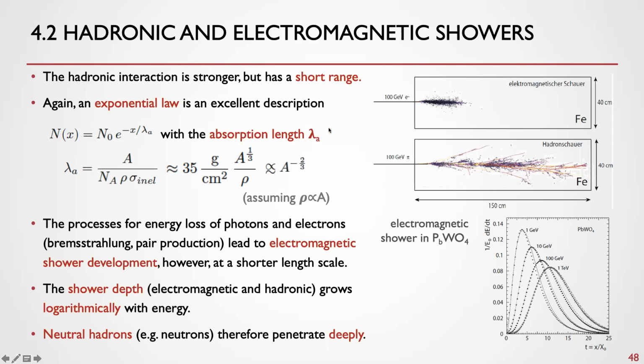We call the absorption length lambda, and the radiation length was X naught. Now, lambda is given by Beer-Lambert's law that we derived earlier.